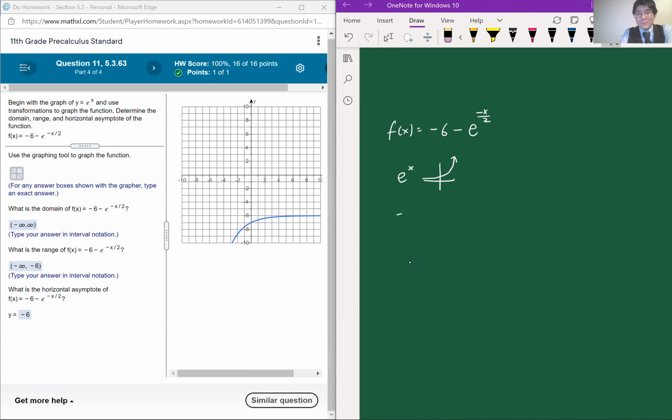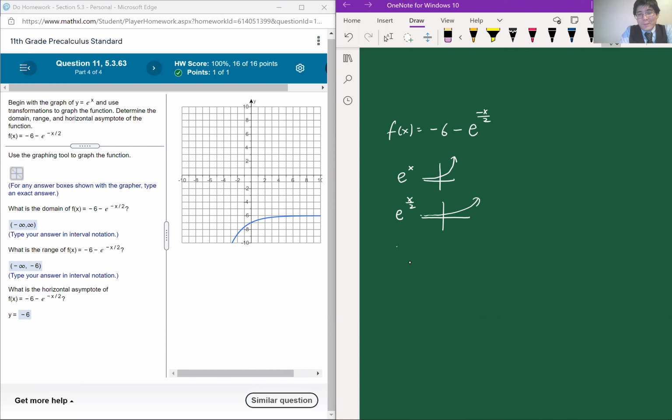Now x is replaced by x over 2, so it's going to be a horizontal stretch by a factor of 2. It's not like this, it's more like you stretched horizontally by a factor of 2.